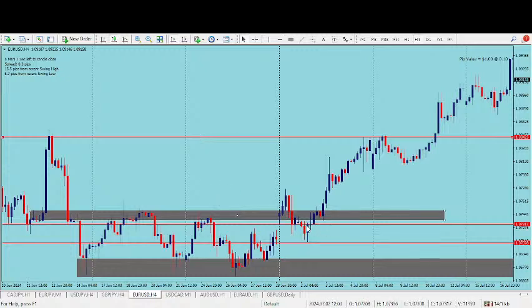Now let's check where our take profit is. From 1.0733, our take profit is 1.0842. Wow, this is above 100 pips.